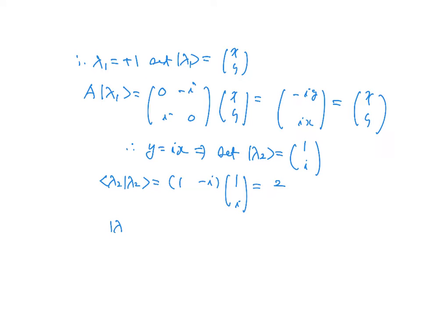So 1 over square root of 2 times (1, i) is the normalized eigenvector. Normalized means when you take the inner product with itself, it becomes 1.